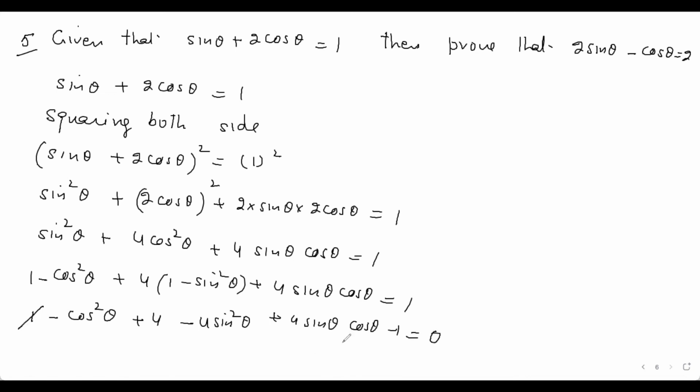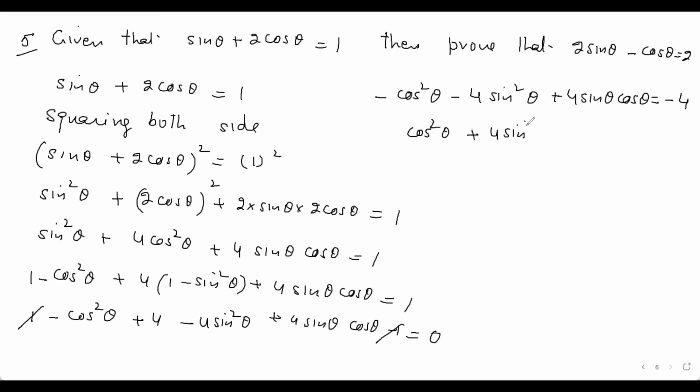Now this and this is cancelled. I'll have minus cos square theta minus 4 sine square theta plus 4 sine theta cos theta is equal to minus 4. Now divide by minus 1. I'll have cos square theta plus 4 sine square theta minus 4 sine theta cos theta is equal to 4.